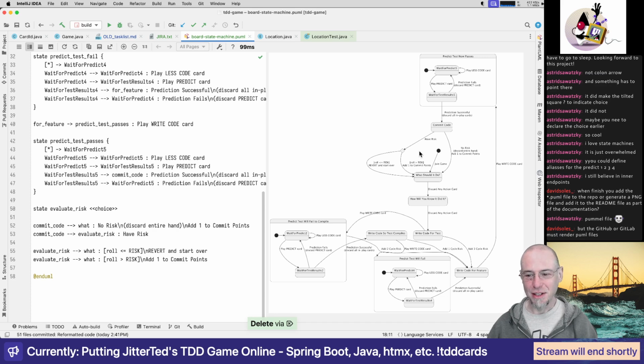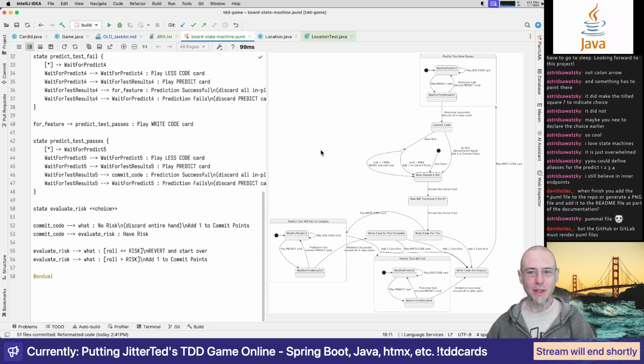All right, that's good enough for now. I don't like that the entry point is here. That's my biggest problem.